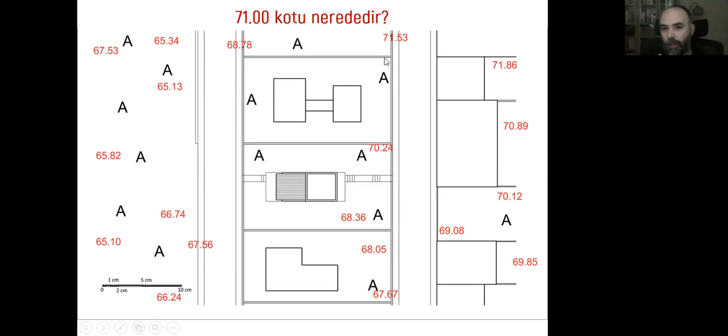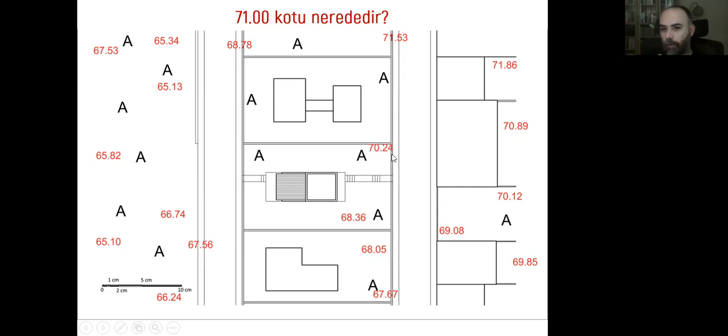We can say that when we see 71.53, we know that this point here is above the sea level, there is this height difference, 71 meters, 53 centimeters. Again, this point is 71 meters, 86 centimeters.